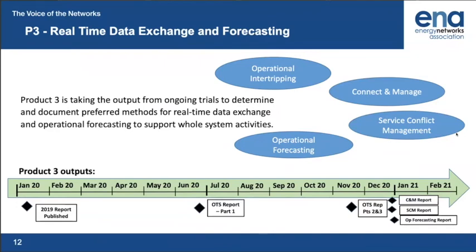There was a fairly comprehensive report of the 2019 work, which was published back in January. A month or so ago, we published a report into operational tripping schemes, which I'll come on to in the next slide. And then there's a bit more work towards the end of the year. So if we could move to the next slide, please.